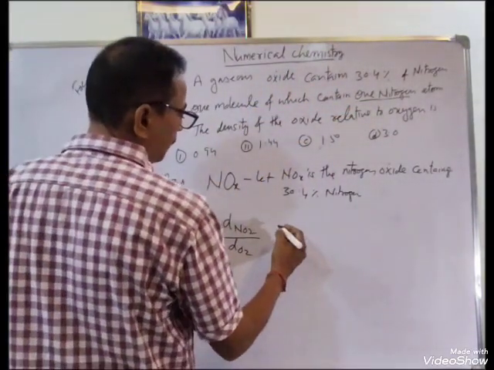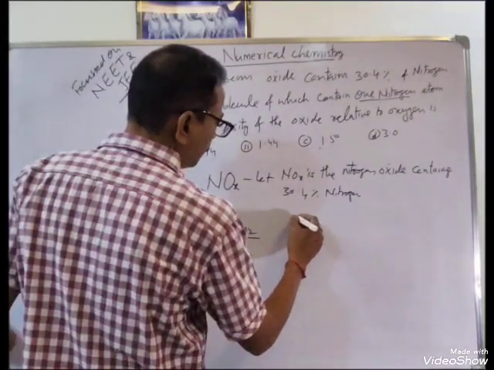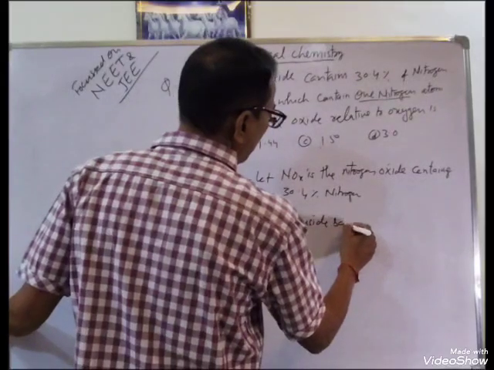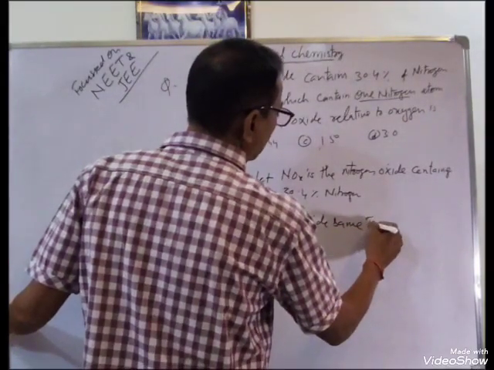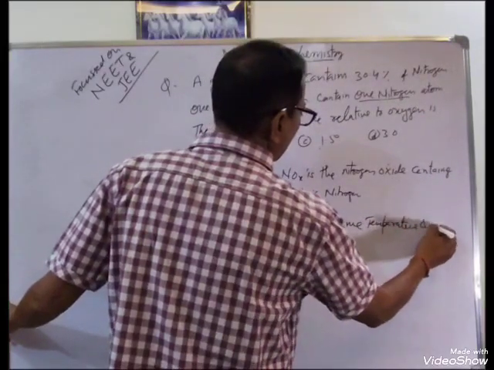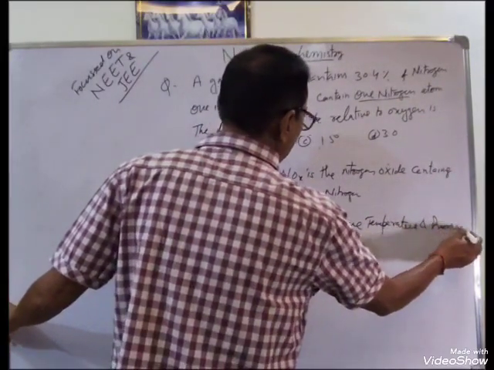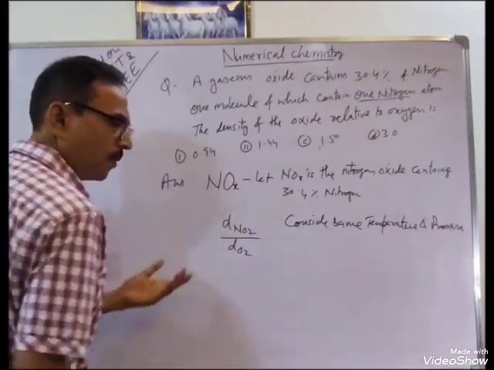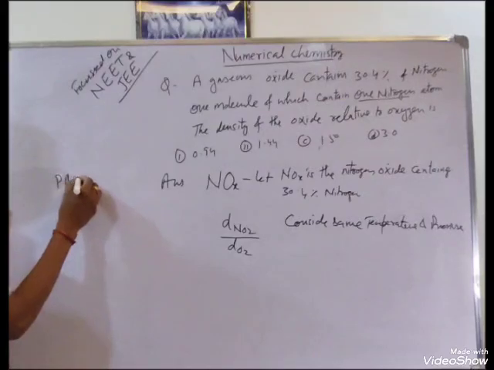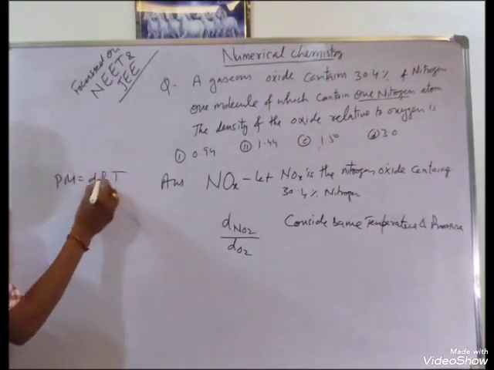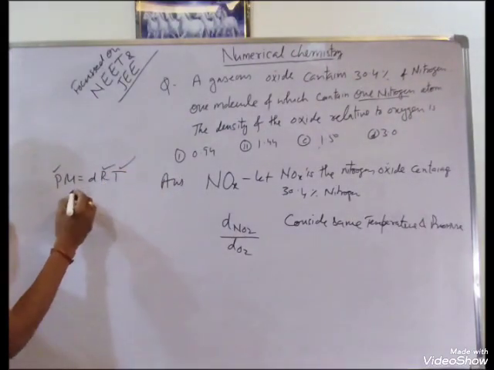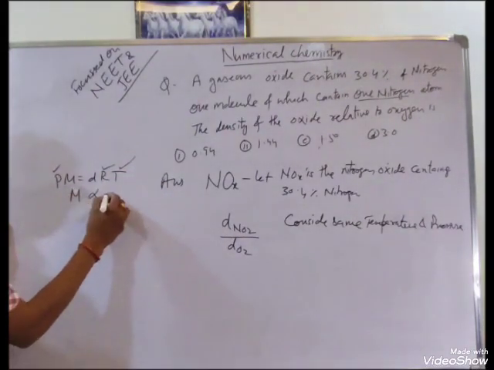When the temperature and pressure are the same, from the previous discussion, PM equals dRT. Here pressure is constant, R is constant, T is constant, so M is directly proportional to the density.